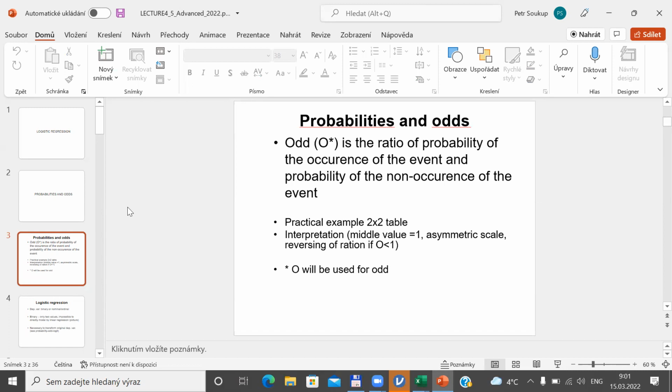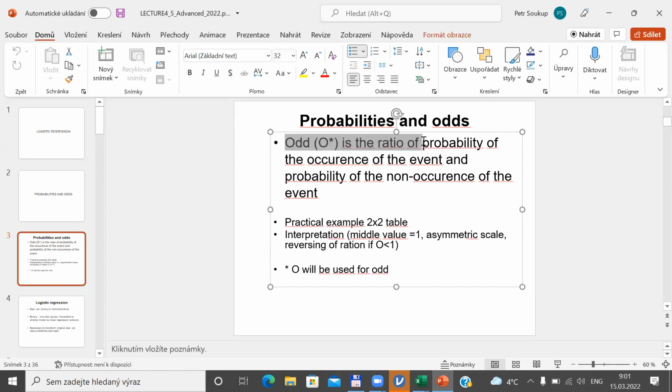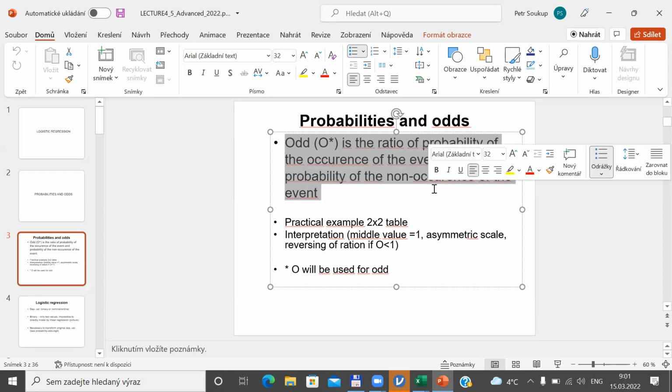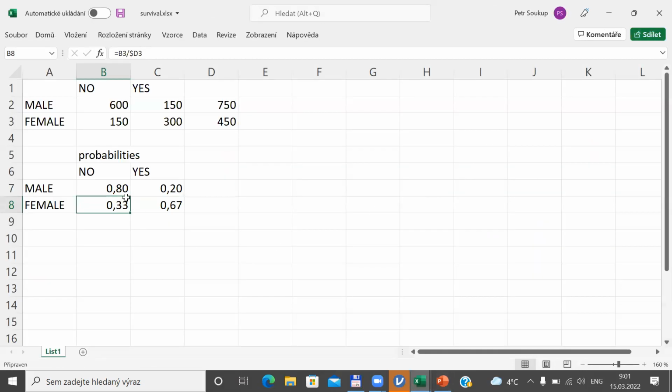We mostly use the expression odd in English. What is the odd? Odd is nothing more than the ratio of the probability of the occurrence of the event and the probability of the non-occurrence of the event. So in other words, I would be computing some ratio of these two probabilities.